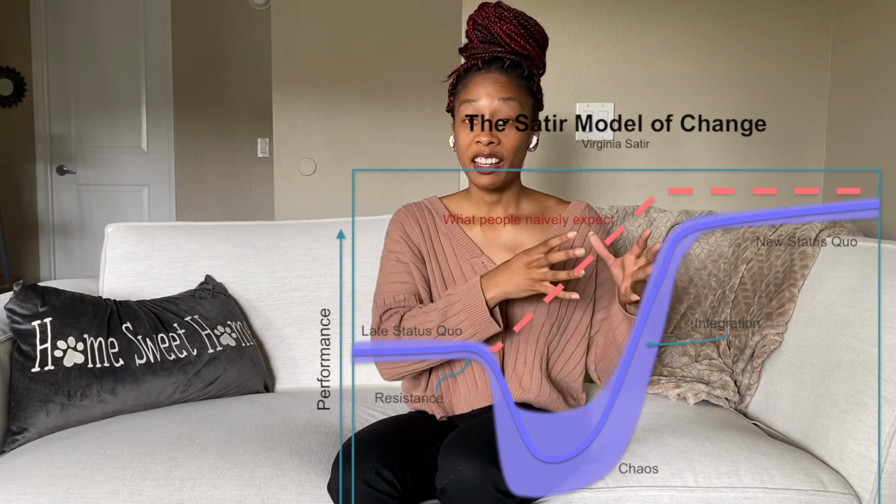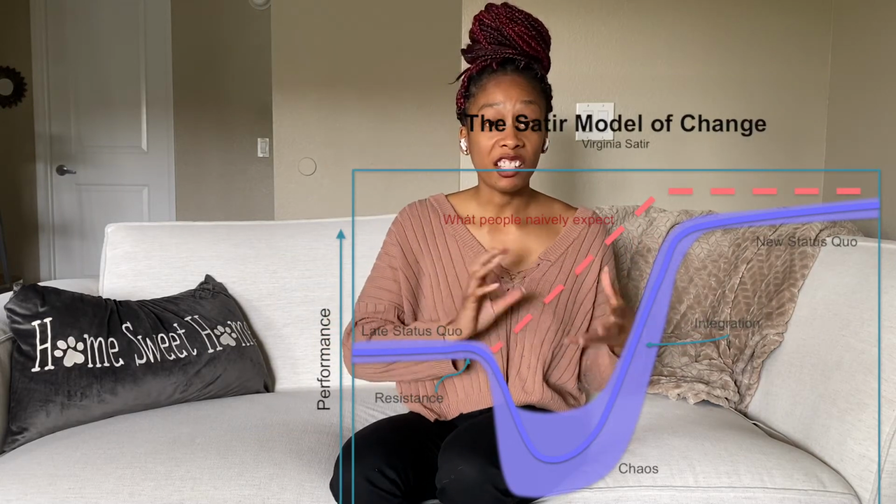And she believed in a change model or a growth model, and that there had to be a little bit of chaos and stress in order for the family to grow and accept a new way of doing things. So she believed that people are able to grow through stress, and that stress is sometimes a necessary thing, because without that chaos within the system, people become complacent and they just keep doing the same things that they've been doing.